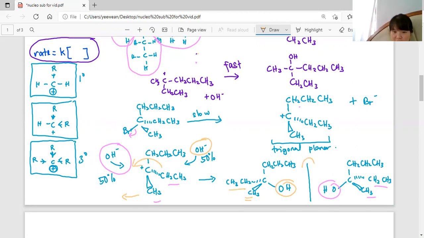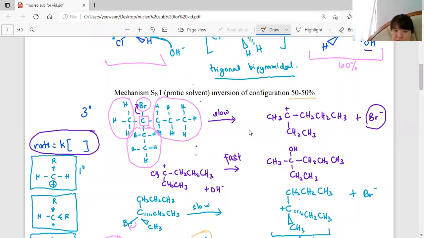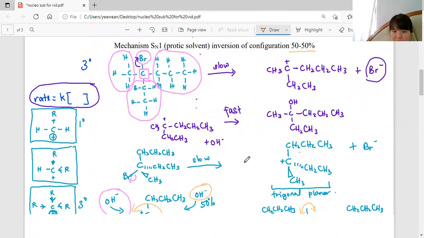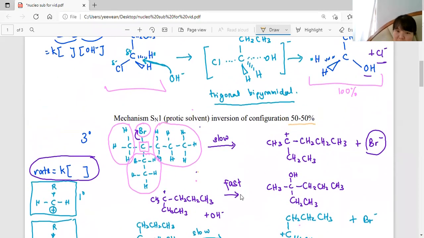If you haven't noticed, this is a mirror image of each other. A 50-50 mixture of these mirror image organic compounds is called a racemic mixture, which you will learn under stereoisomerism.